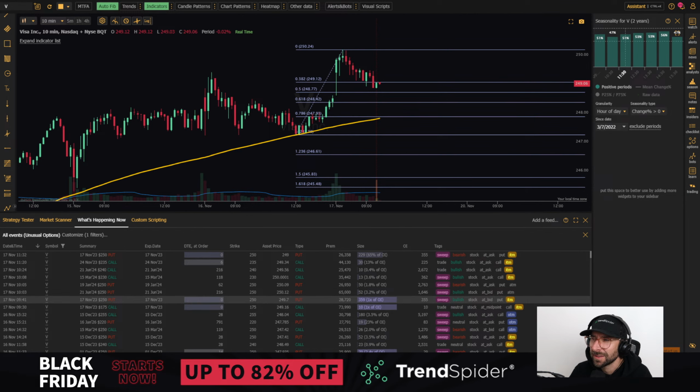And what is this? This is the 250 strike. It's a 175 call. So these are like deep in the money. But this is considered a neutral trade. So actually, perhaps the puts are the odd ones.